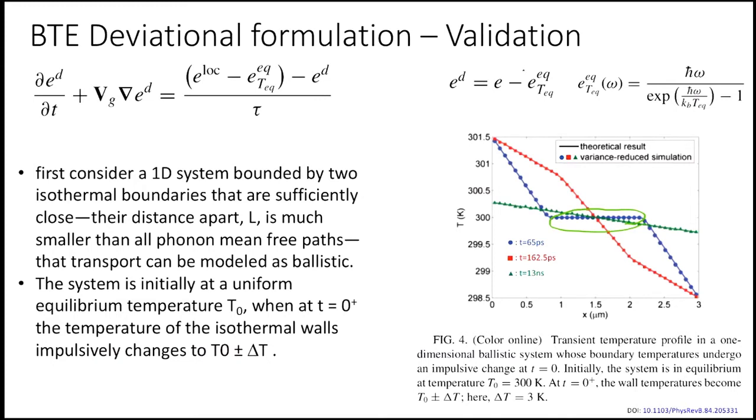You're talking about this red curve, right? You're worried about these slopes. They would directly come from the solution. Even if you solve it analytically, it would come like that. And eventually it would go down and approach 300 Kelvin.